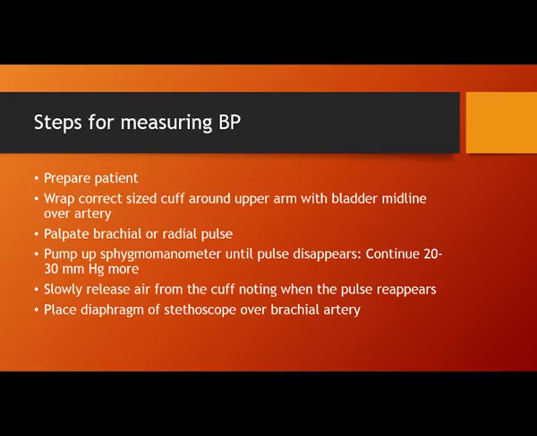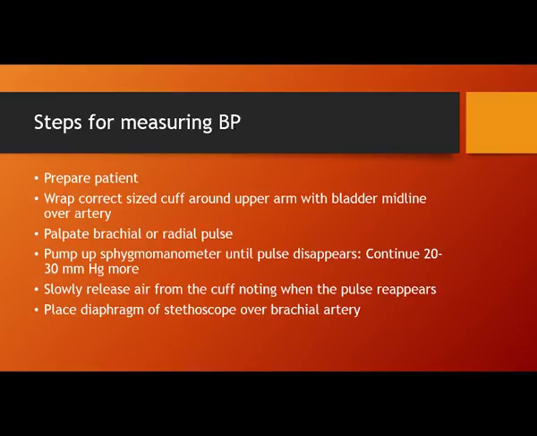Slowly release air, and then when the pulse reappears, it should be the same number as when it disappeared. If not, you've probably done something wrong. But assuming it's the same, let's say that's 120. So that is your systolic that you palpated.